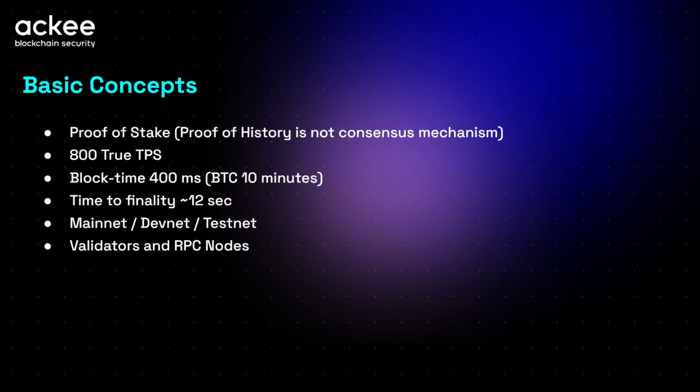So that's why this metric is modified to display true transactions, in order not to consider the vote transactions sent by the validators.